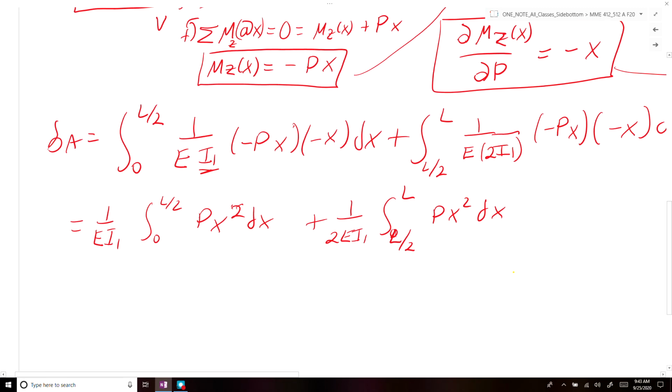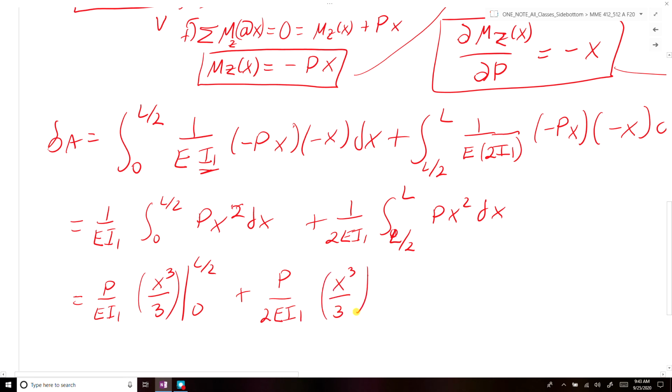Okay, so if we integrate P x squared, what we'll end up getting for the first integral is P over EI1 times x cubed over 3 from L over 2 to 0. And then our second integral is going to be equal to P over 2 EI1 times x cubed over 3, but the bounds of this integral are going to be from L to L over 2.